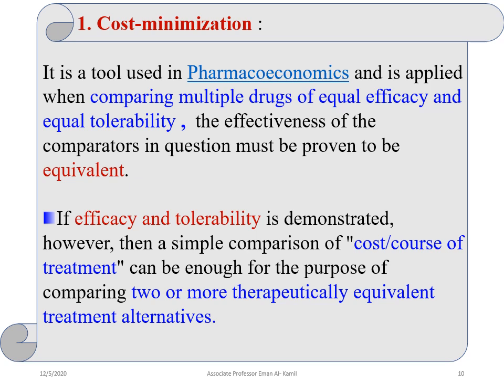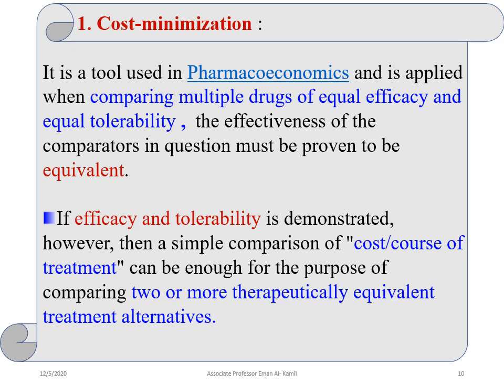In cost minimization, when we have 2 or more drugs which have the same efficacy, they are equivalent in efficacy and in tolerability, and equal in all things including side effects. For example, contraindications, dose, speed, and many things are equal, they are equivalent. So in this case the comparison will be which drug we are going to choose. Drug A, drug B, they have the same efficacy and the same tolerability.